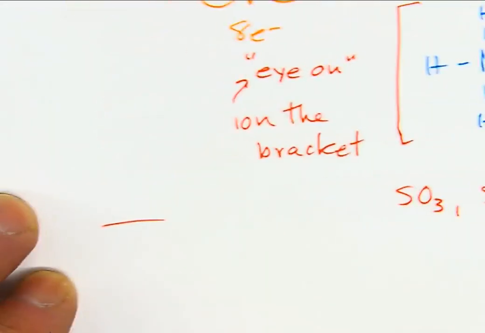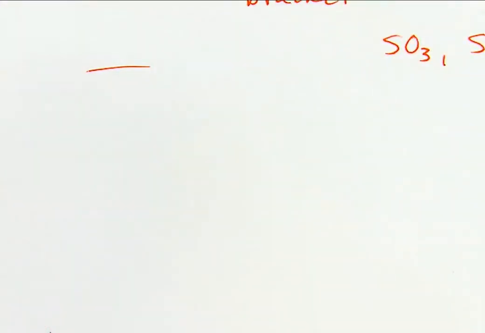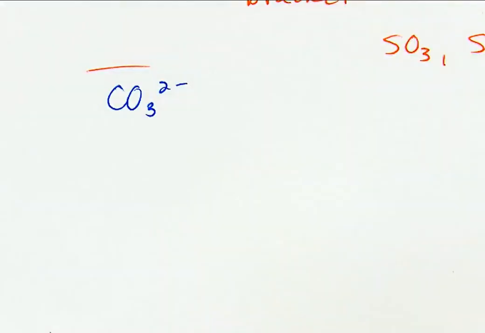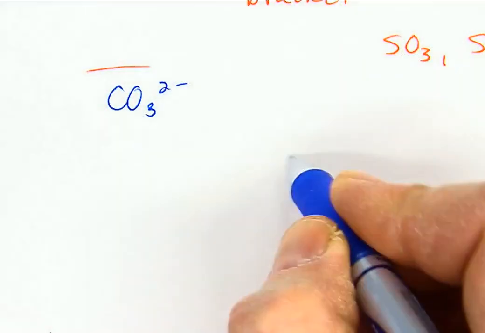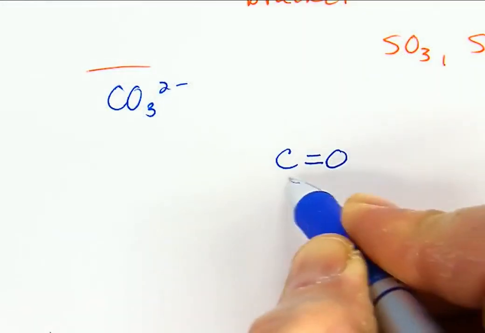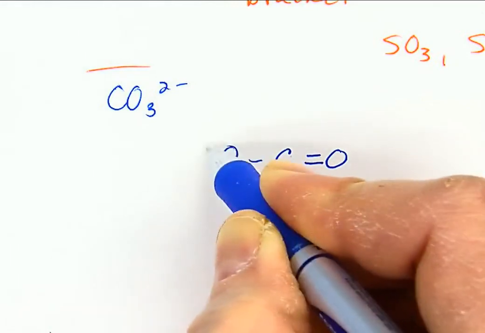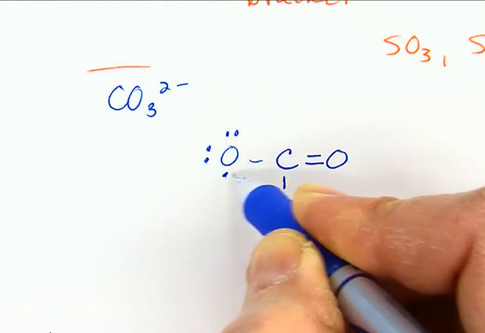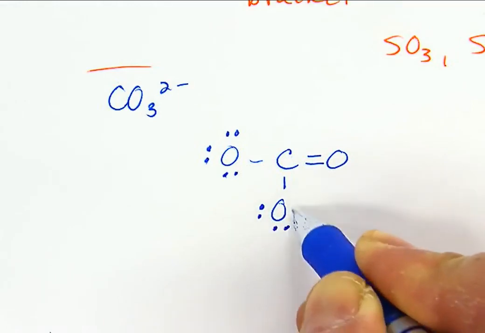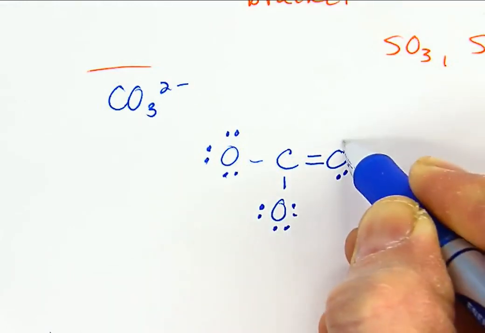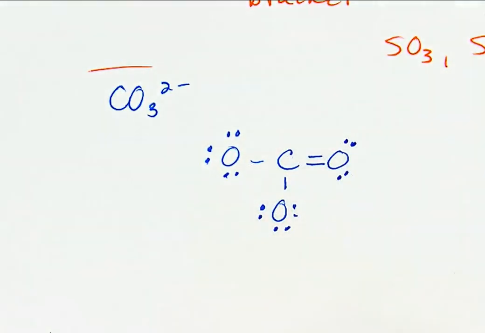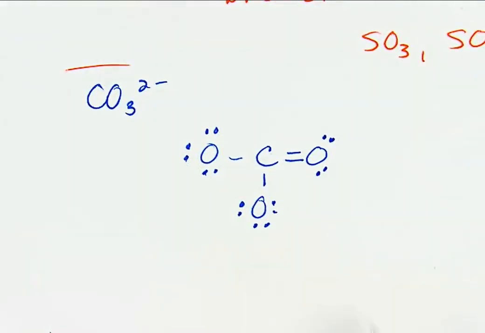Okay, let's try another example. We could go with carbonate. Carbonate is CO3 2-. We're going to save you time and not make you do the whole structure here, but it turns out that you would have C, and then O, and O. We would end up having this arrangement, and we'll talk about why we have a double bond here and so on.